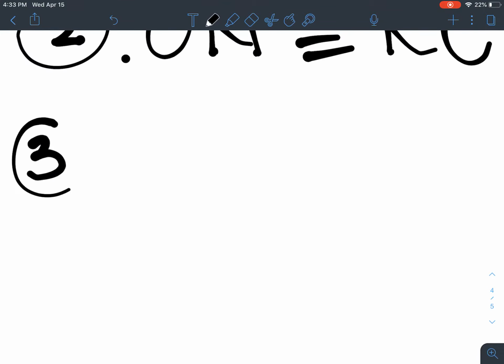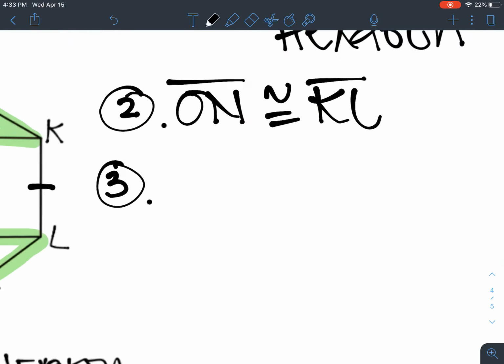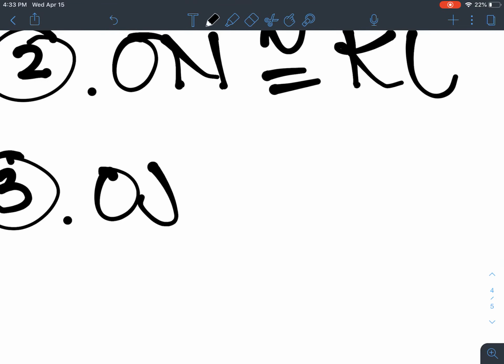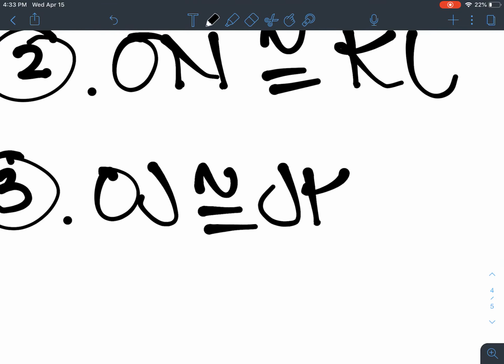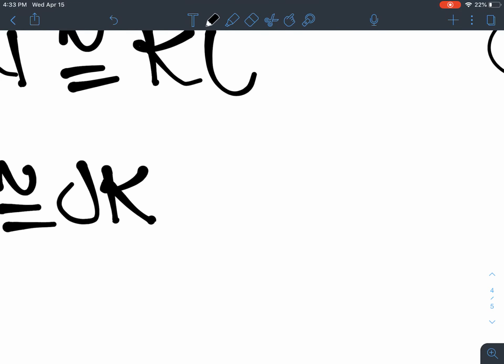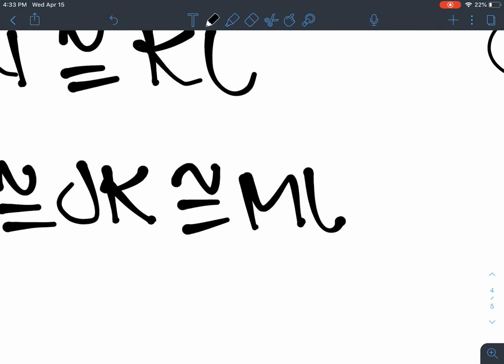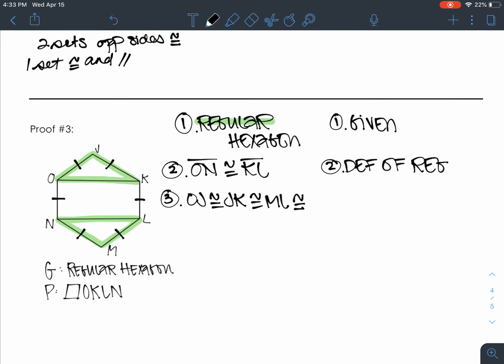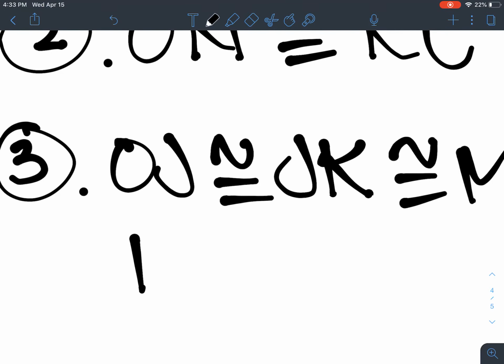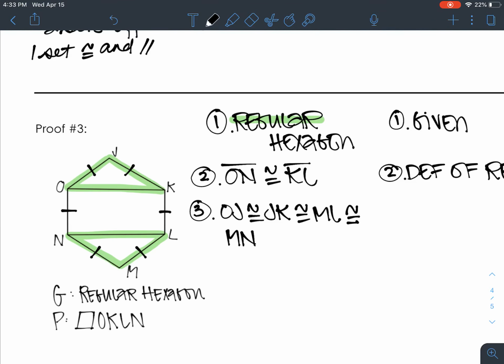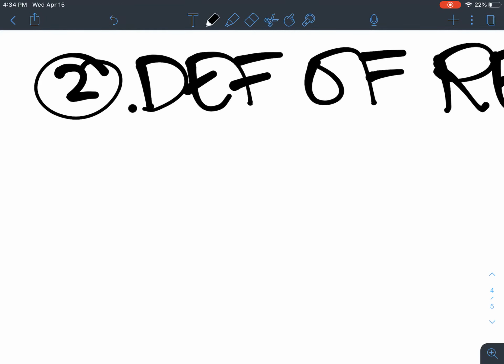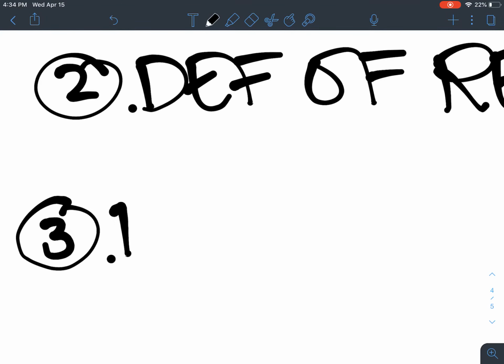So I'm now going to state that all 4 of those sides are congruent to each other. So OJ is congruent to JK, which is congruent to ML, which is congruent to MN. I've had students that have combined step 2 and step 3 together, and that's fine. I like the separation of them. I think it's a little bit clearer, but this is also by definition of regular.